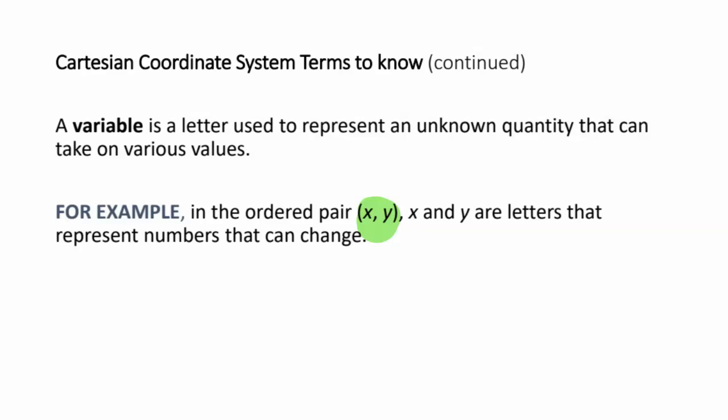And also, it is always understood that when we have an ordered pair, this is our right-left number. This is our up-down number. It's just the way it goes.